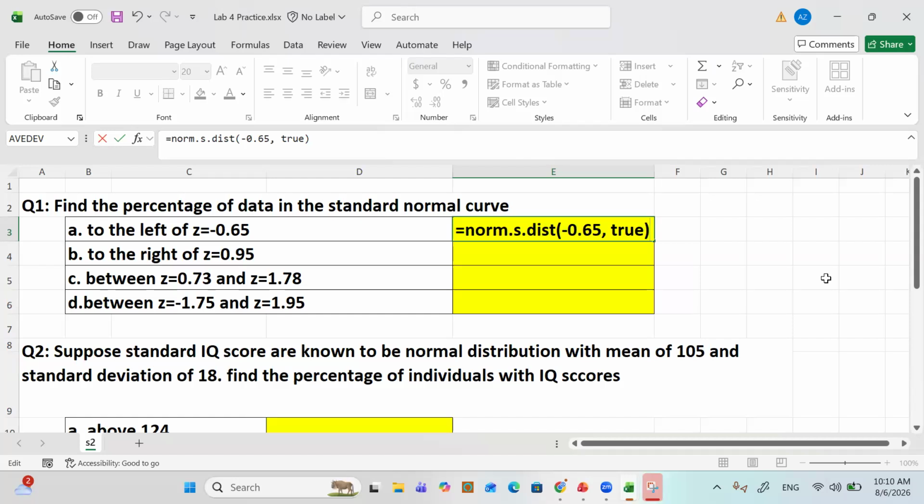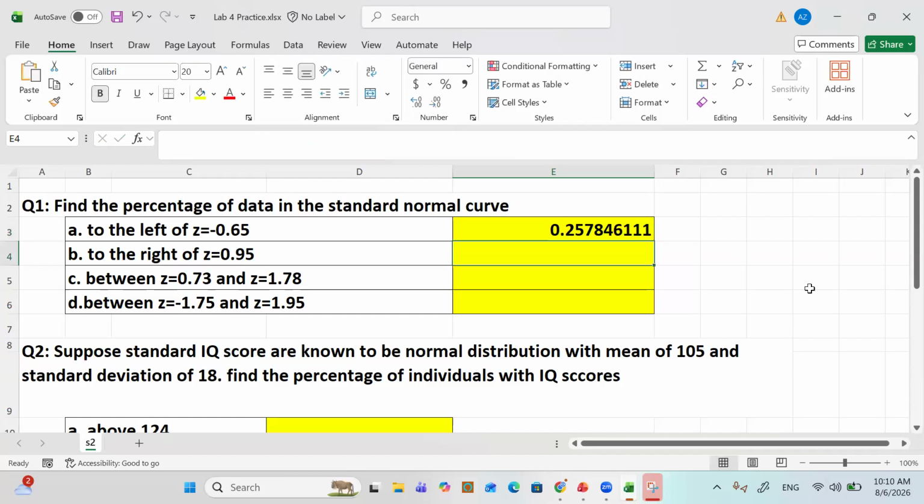If you enter, you get a result. We can round to 4 decimal places, so we format a little bit: four decimals, to be consistent with table A2. The second one is to find the area to the right of z-score equal to 0.95.